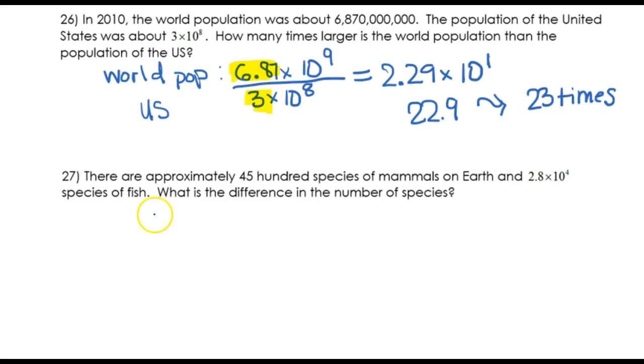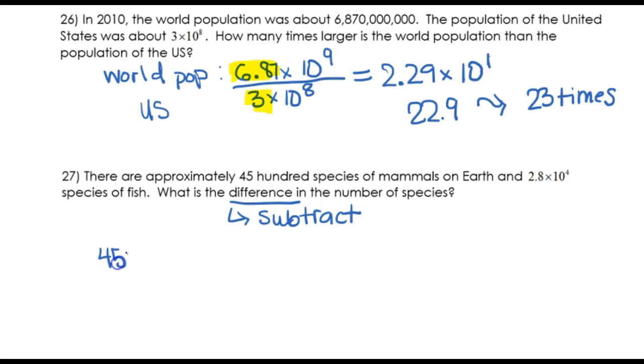Number 27, there's approximately 4,500 species of mammals on the earth and 2.8 times 10 to the 4th species of fish. What is the difference in the number of species? Difference is going to tell me to subtract. I'm first going to write 4,500 in scientific notation.